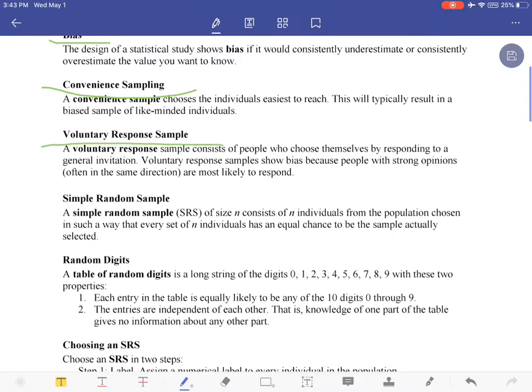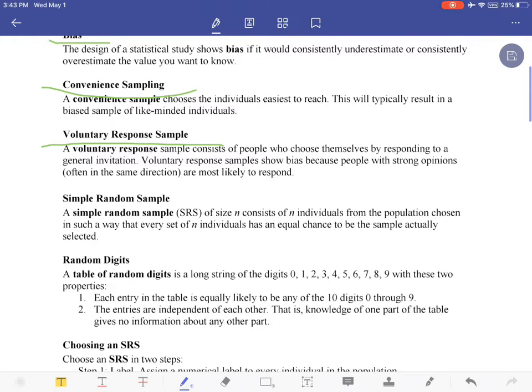Voluntary response is where people are voluntarily responding to your survey, so if you're having a good design, you want to make sure you don't have voluntary response, because that can introduce lots of different types of bias that could affect your results. Now, in real life, a lot of times when you're dealing with surveys, it's going to be voluntary response because that's the easiest way to collect data, but just know that you have that bias.